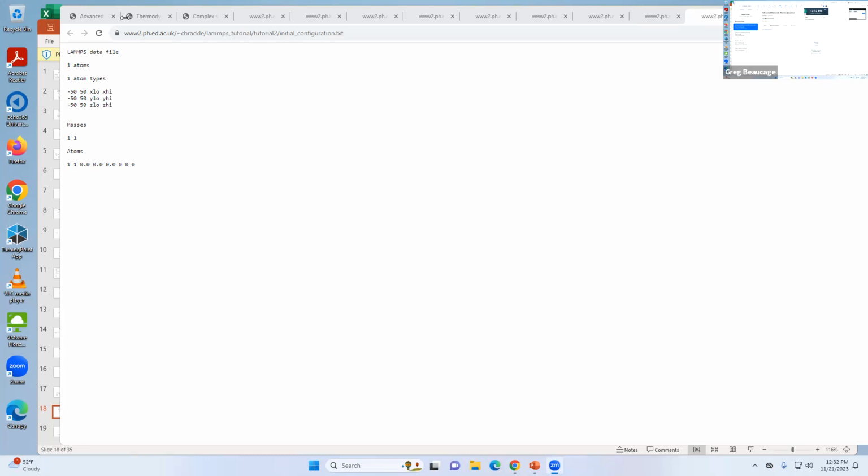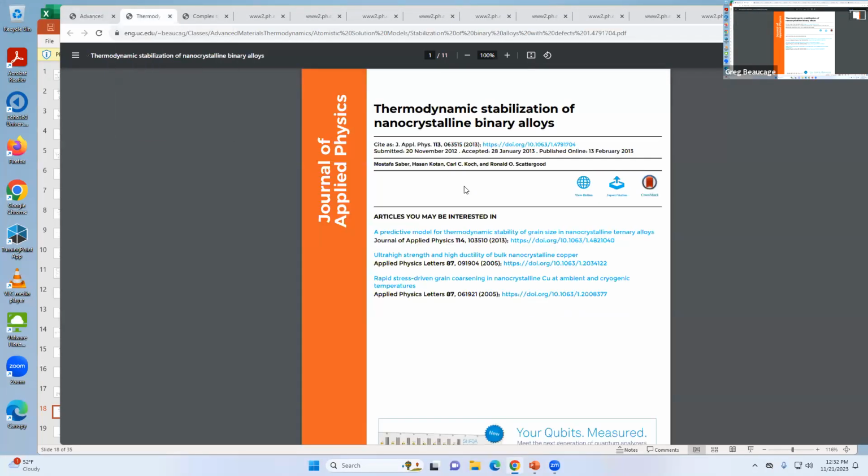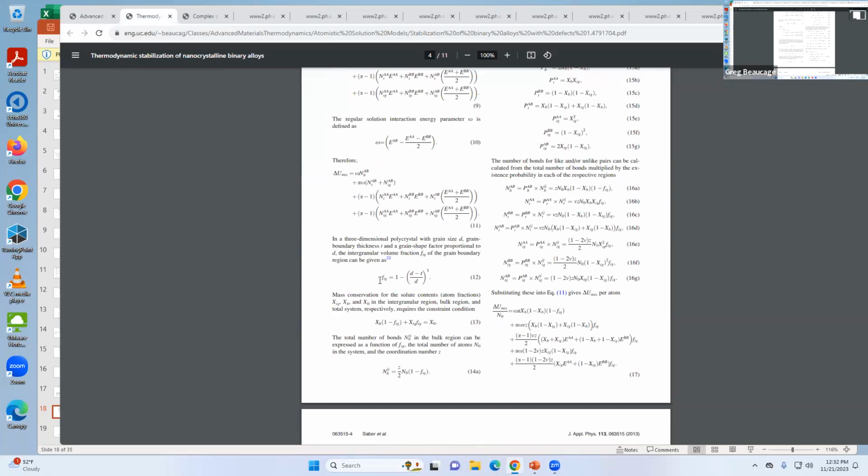So two groups actually solved that problem, on how to do this one, equation 12. Yeah, equation 12. So we do it.